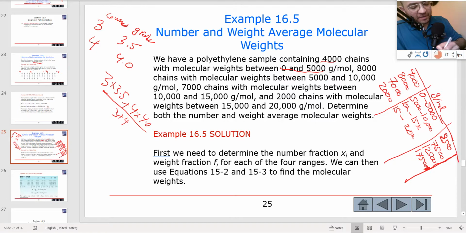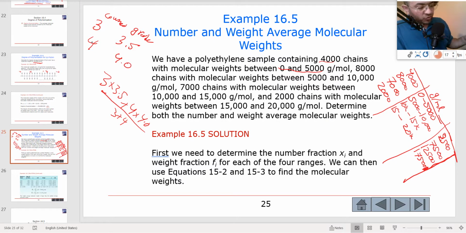Now, this is going to be the same as the grade example that I showed you. One time the question asked me based on the numbers, right? So one time I need to do the weighting with this. This is the number of chains.